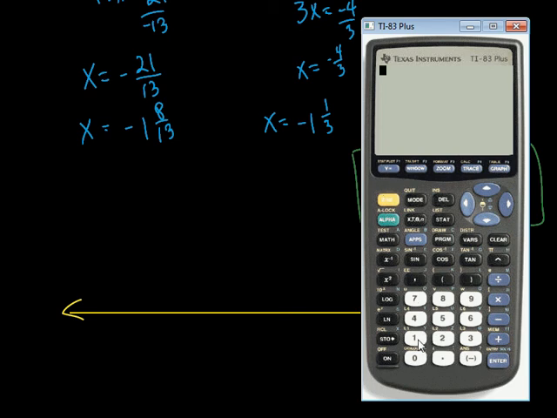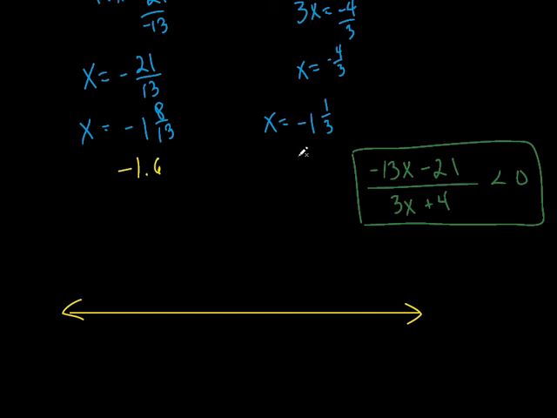So let's put just 8 over 13. 8 over 13 is 0.6. Well, I know what 1/3 is, don't you? What is 1/3? It's 0.3, right? So negative 1.6, let's write it like this. Negative 1.6, and this would be negative 1.3, which is the smaller of the two numbers.